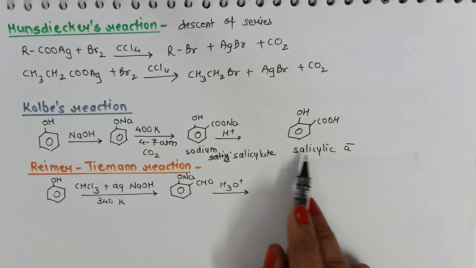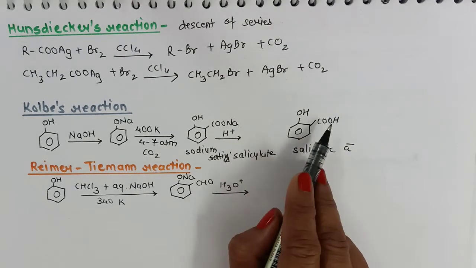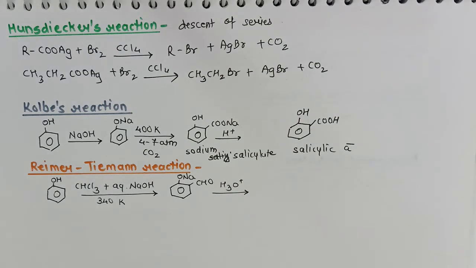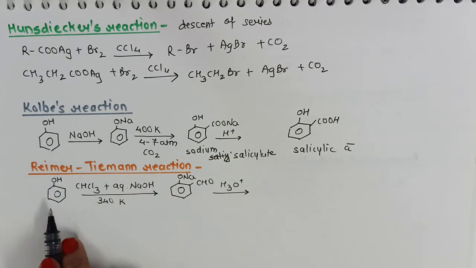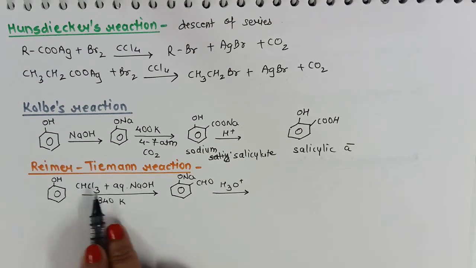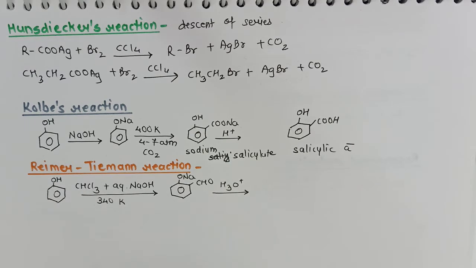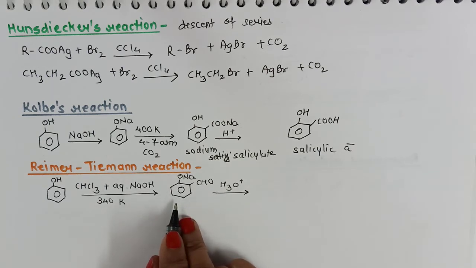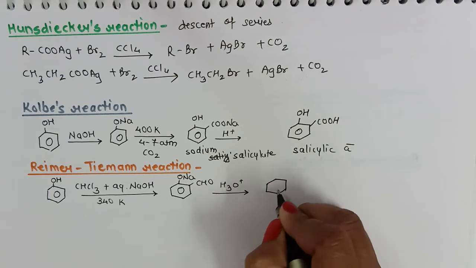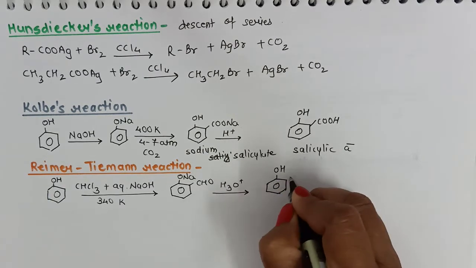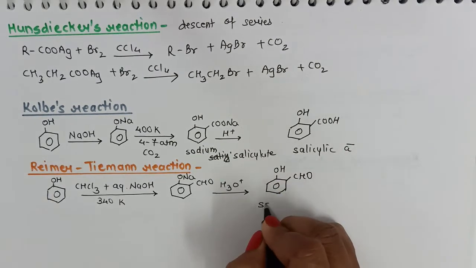Remember, salicylic acid will be called only when OH group and COOH group both are in ortho position with respect to each other. The next reaction is Reimer-Tiemann reaction. Reimer-Tiemann reaction also starts with phenol and it is treated with chloroform in presence of aqueous NaOH at 340 Kelvin, where we will get an intermediate first, and this intermediate on hydrolysis gives salicylaldehyde.